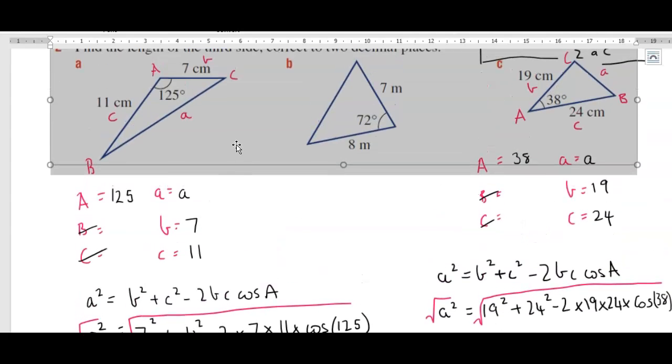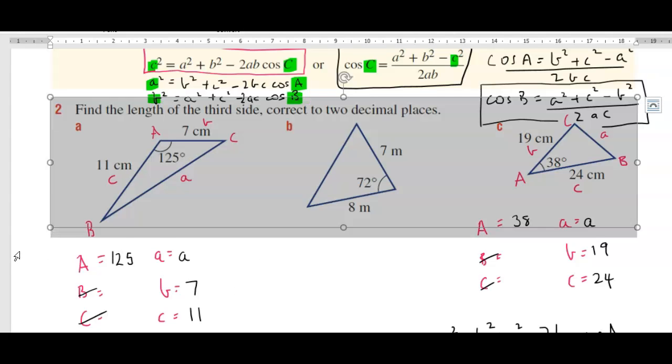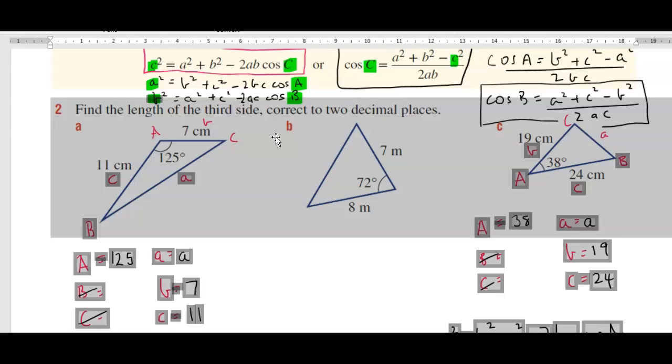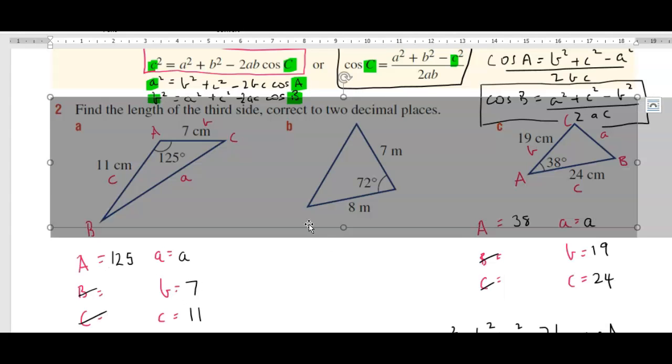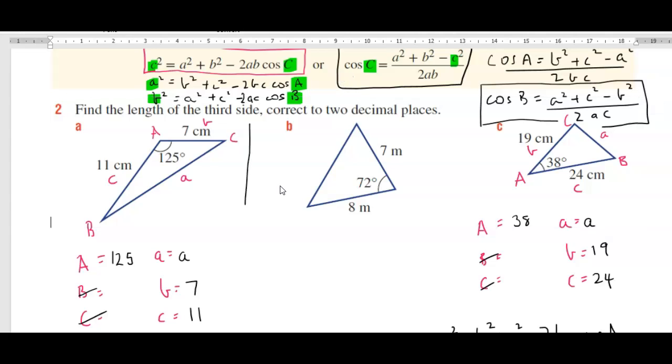So if I have a look here at the triangle for question 2, which I did in A, the side opposite your biggest angle, so 125 is your largest angle, so A should be bigger than 11 and 7.